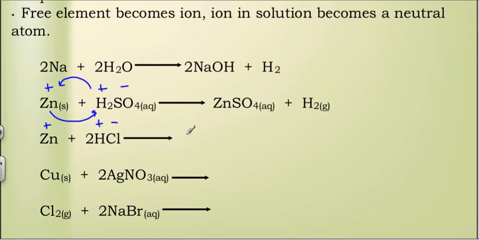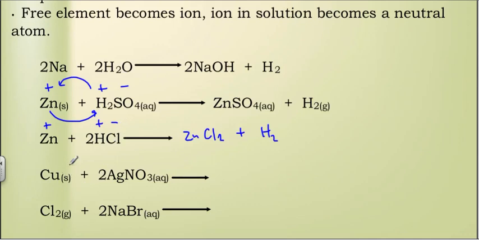So we end up getting zinc chloride plus hydrogen gas. Zinc has a +2 charge, chlorine is -1, so the 2 goes down here. Then I can erase this here, and if I go back and balance it, I believe we're good.